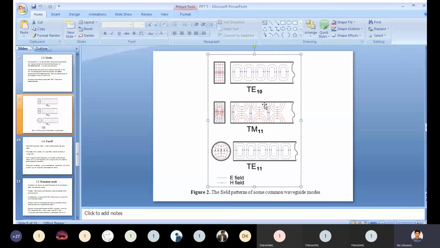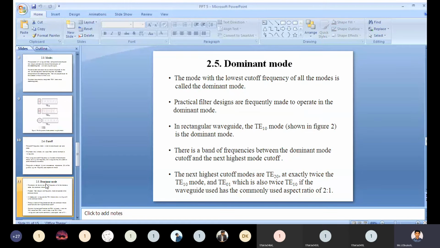Thus, there is an octave over which the dominant mode is free of suppressed modes, although operating too close to cutoff is usually avoided because of phase distortion.